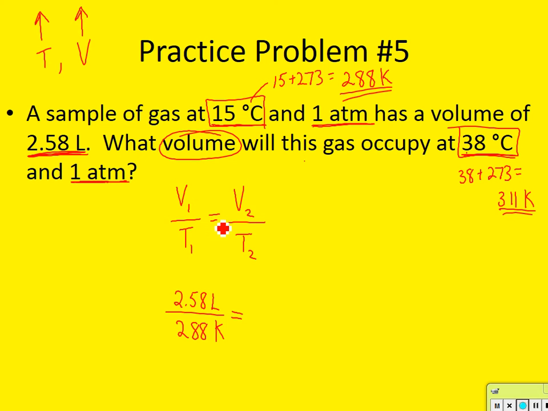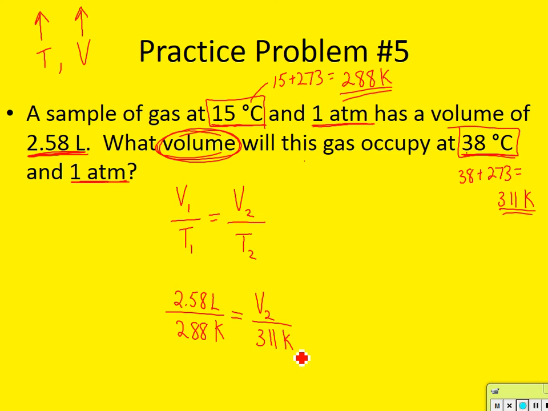Okay, that is equal to V2. Well, it didn't tell us what the final volume is. That's what it's asking us to solve for here. And T2, the final temperature, was 38 degrees Celsius, but remember, we've got to go to Kelvin. So that's 311 Kelvin.